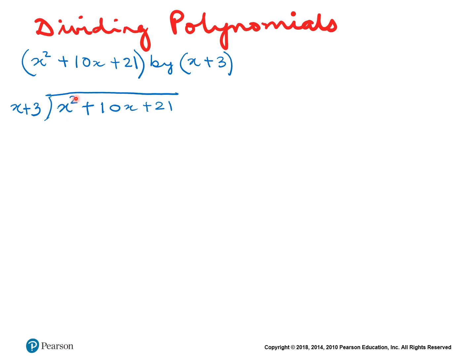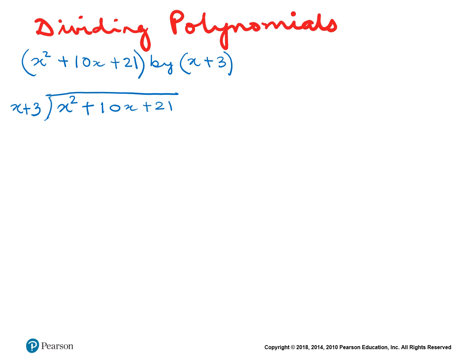All right, because the process involves canceling out one term at a time. So we have to think what we can multiply the first term in the divisor by to match the first term in the dividend, which is an x squared. So x times x is x squared, correct? If we multiply this x by another x, we will end up with x squared. And that's what we are going to do.